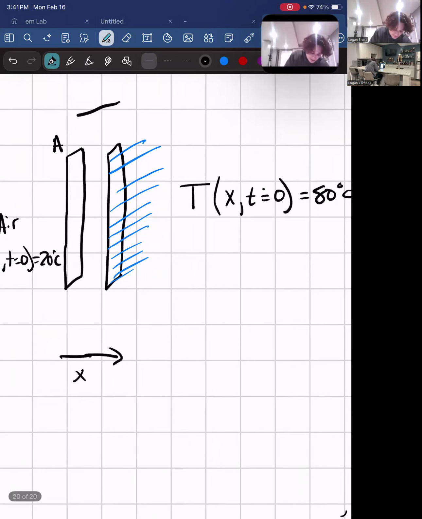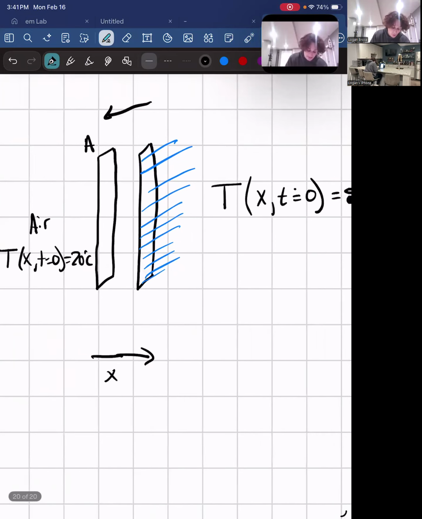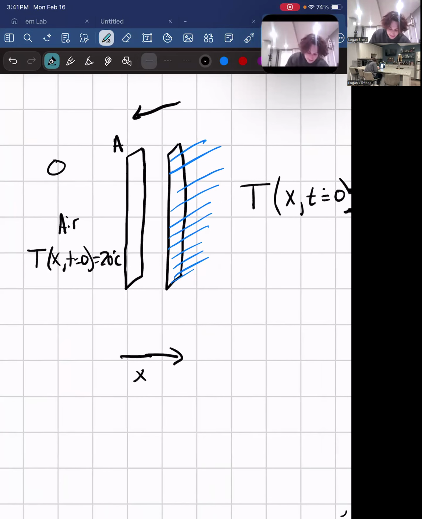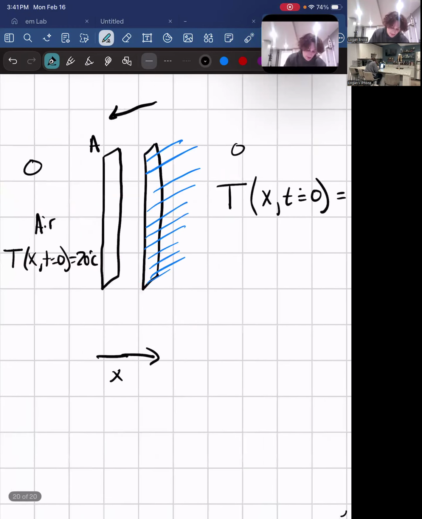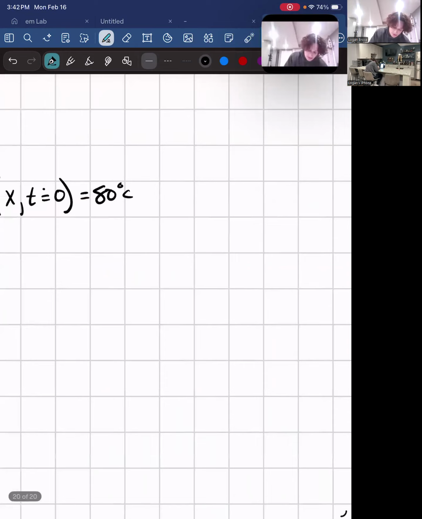So we know heat is traveling this way because it's colder on this side than it is on this side, right? And we know that from perfectly insulated into the block, that is going to be conduction, and leaving the block will be convection, right?